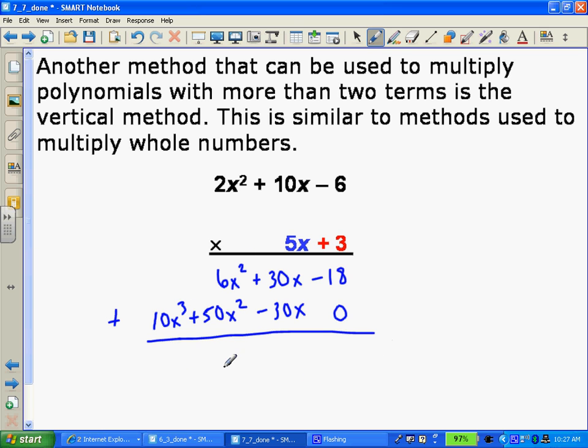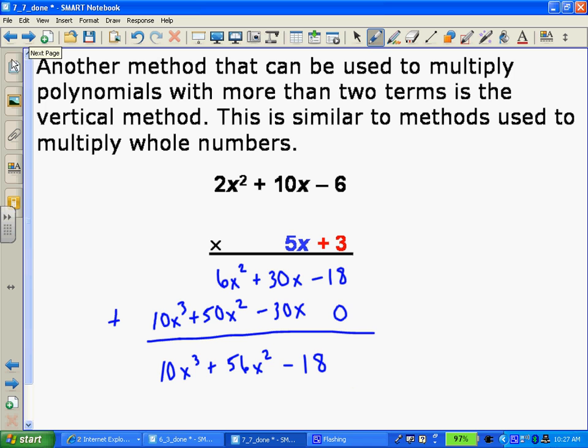Then, just like in vertical multiplication, I'm going to add these up. So I get 10x cubed plus 56x squared. Those cancel each other out, and then I have minus 18. Sorry about the mix-up there. It's easier if you write it this way. The other way would work, but it's more confusing.